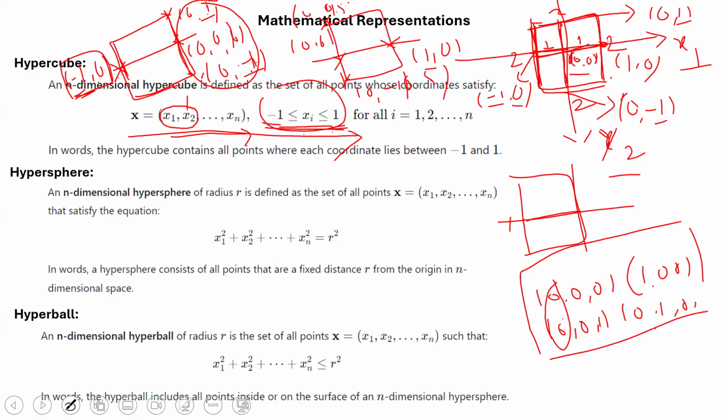This becomes 0.5. Is that right? Because the length is 1, the origin is at 0 comma 0, so this becomes 0.5, this becomes minus 0.5. So even then we are just residing between minus 1 and plus 1.